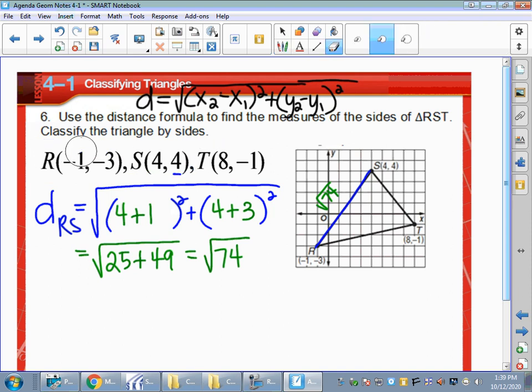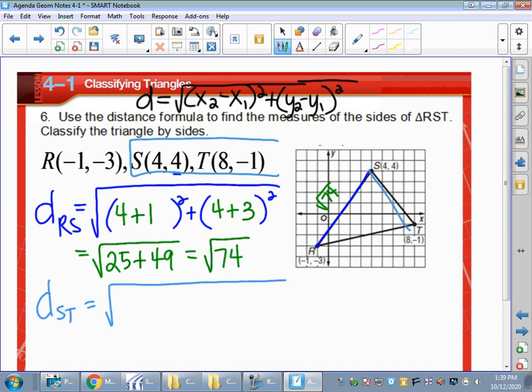So then I'm going to find the length of, well, let's say, ST. Whoa, bad tracing. So distance for ST. That means I'm going to take these 2 points, call them my x and y, 1 and 1, 2 and 2, do myself a little math problem. You getting the hang of this?